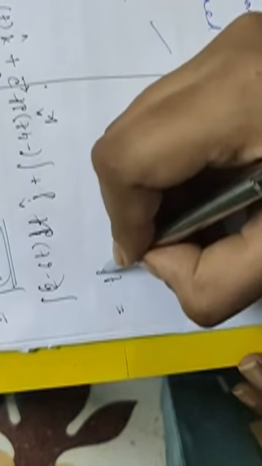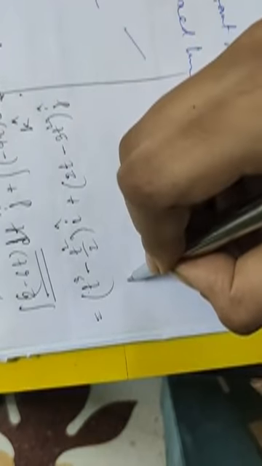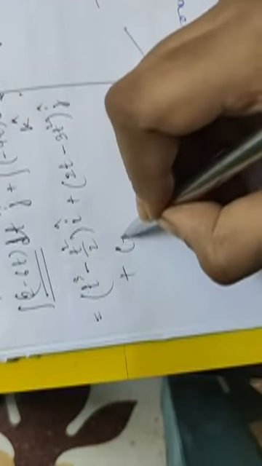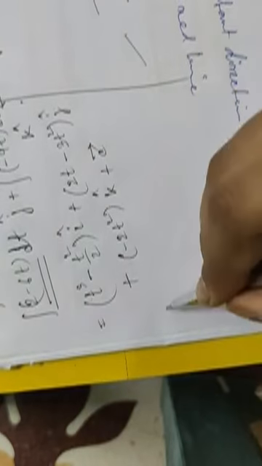If we integrate with respect to t, we will get (t cube minus t square by 2) i cap, plus (2t minus 3t square) j cap, plus minus 2t square k cap, plus some constant vector c. This is the required result for the first part.